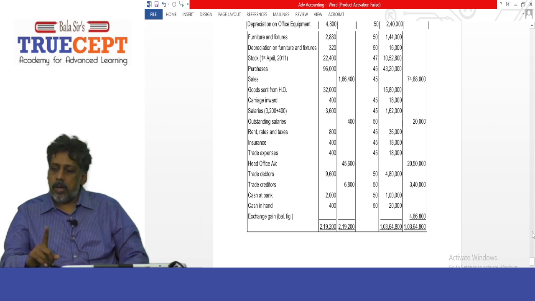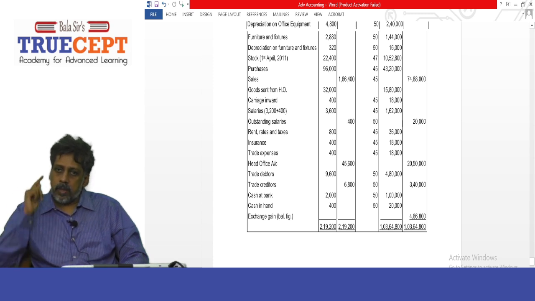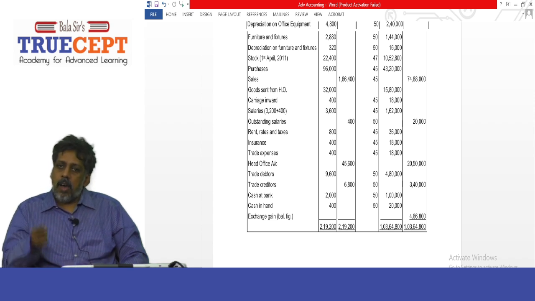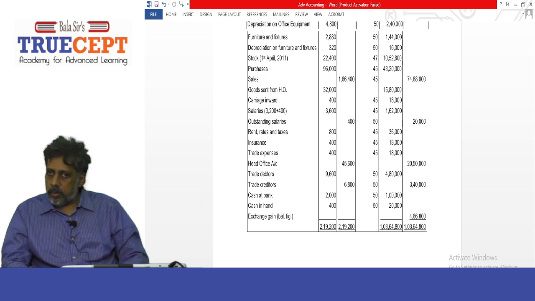Now here balancing, remember, in case of a non-integral foreign operation, the exchange gain or loss depends on whether you get the balance on the debit side. It's an exchange loss. On the credit side, an exchange gain. It will not be recognized in profit and loss account.